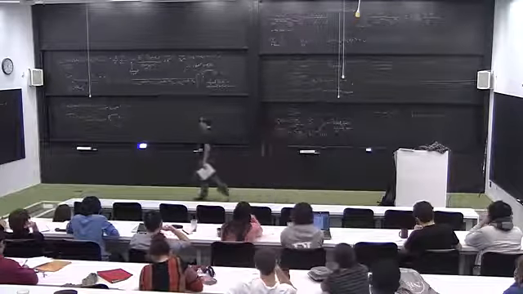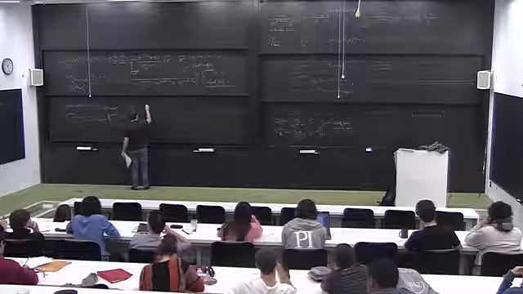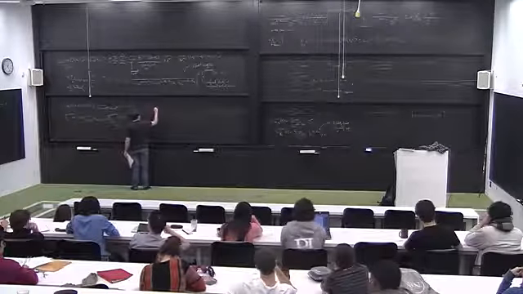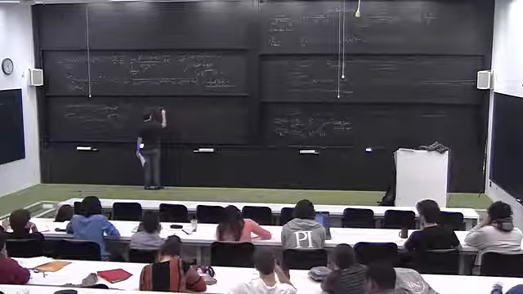So then, what we get is that the final expression is that the 4-point function is given by some sum over k.